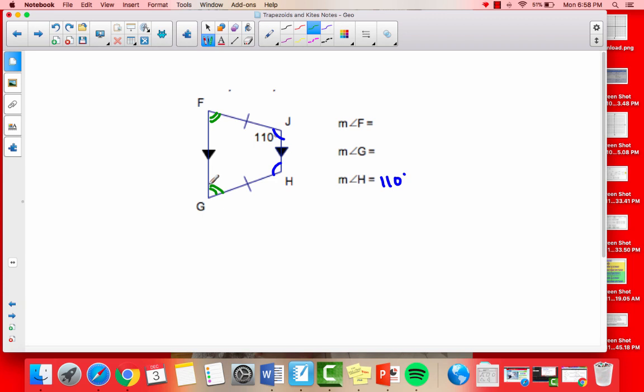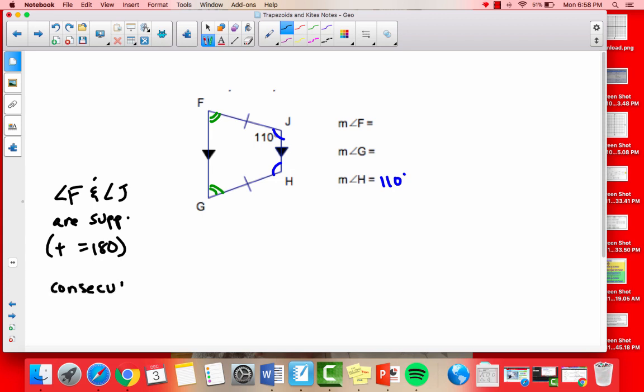But in order to find it, we have to think about the fact that we have two parallel lines cut by a transversal. That means that angle F and angle J are supplementary. Remember, that means that they add up to 180. They are also considered consecutive interior, or same side interior, as some of you guys remember it.